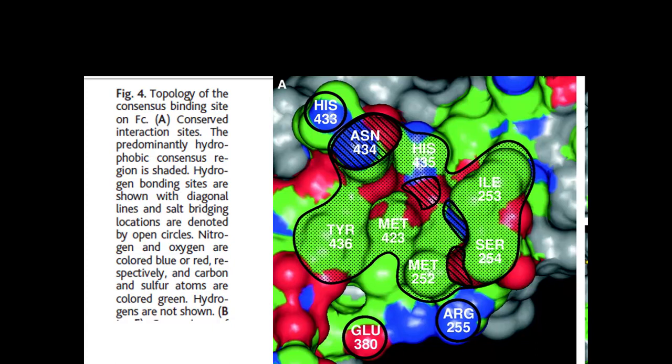Here's the bottom of the groove. Here's the sides of the groove. And this whole hatch is where the peptide binds. So it sits down on the groove, but it also covers the edge of the groove. Make observations about the kind of residues that are on the edge versus the ones that are in the middle of the groove that are important for binding. What do you see?